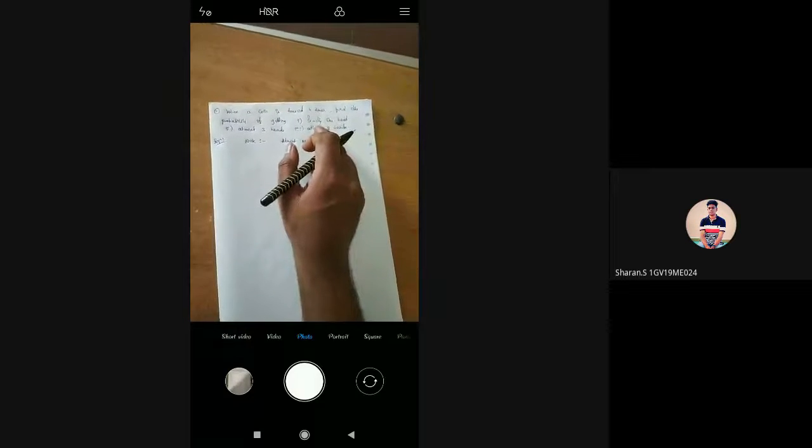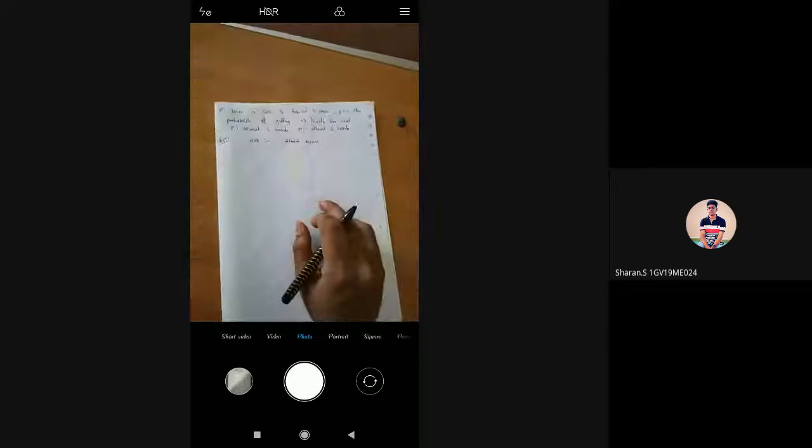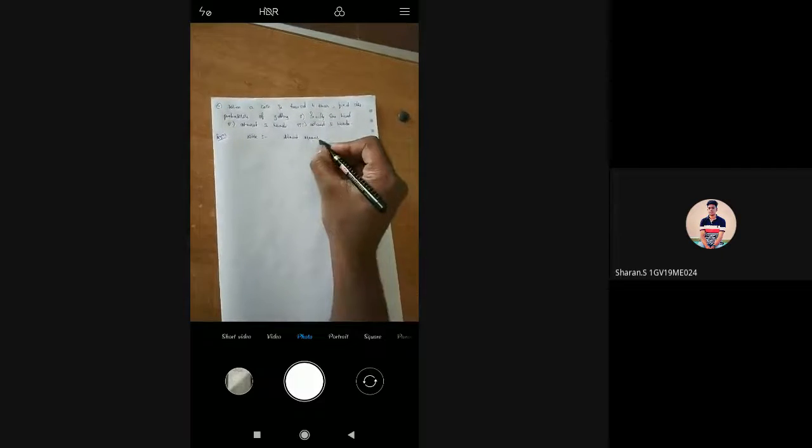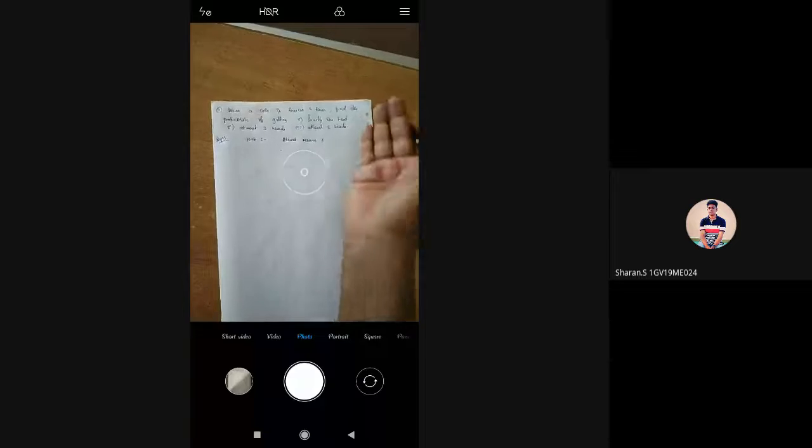He may have less than 100, like 90 rupees or 20 rupees, but it should not exceed 100. So the symbol is less than or equal to. We need to use the less than or equal to symbol when you see the words at most.